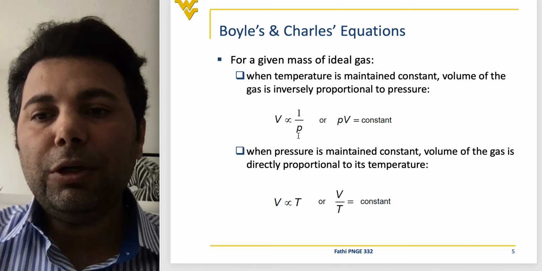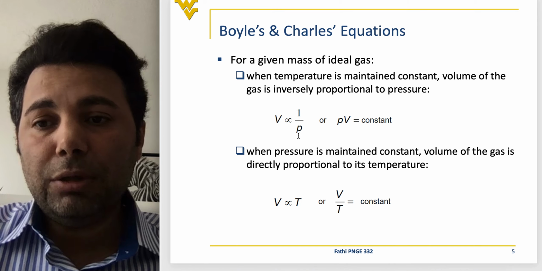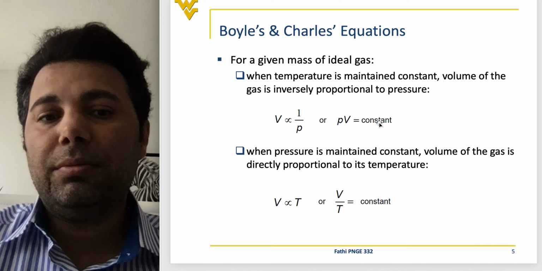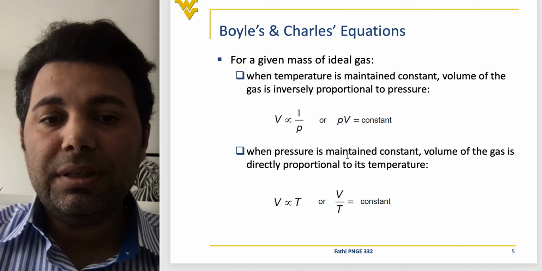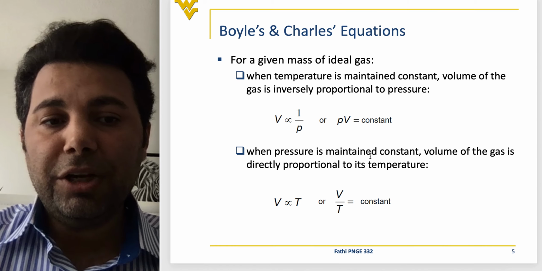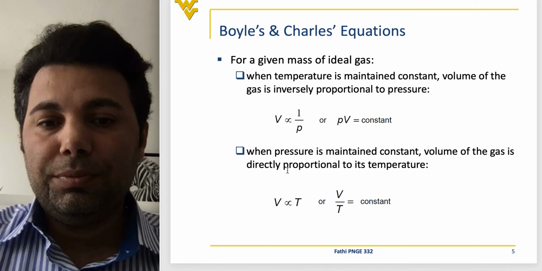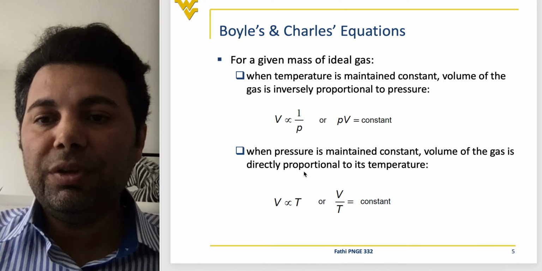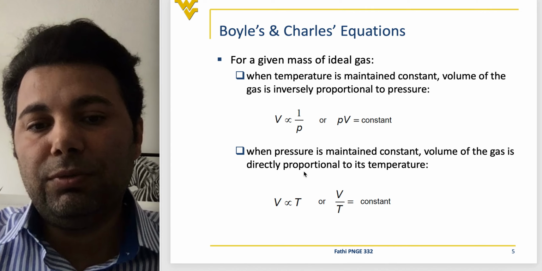And we know any proportionality can be converted to equality using a constant. So P times V becomes constant. When pressure is maintained constant at a fixed pressure, the volume of the gas is directly proportional to its temperature. You increase the temperature, the molecules start moving faster and getting away from each other, so the volume goes up.